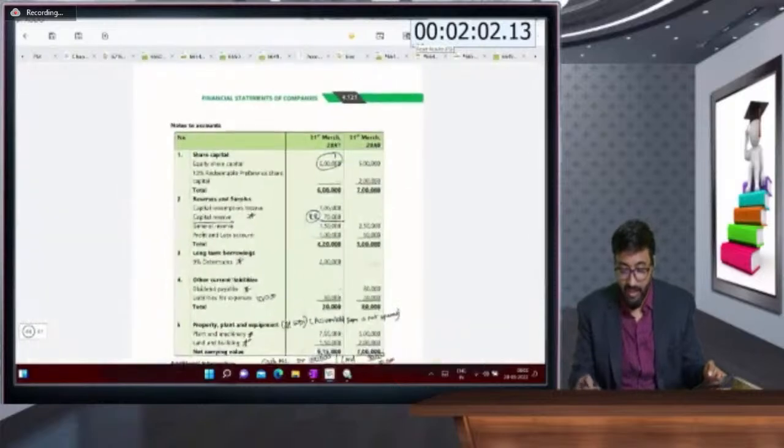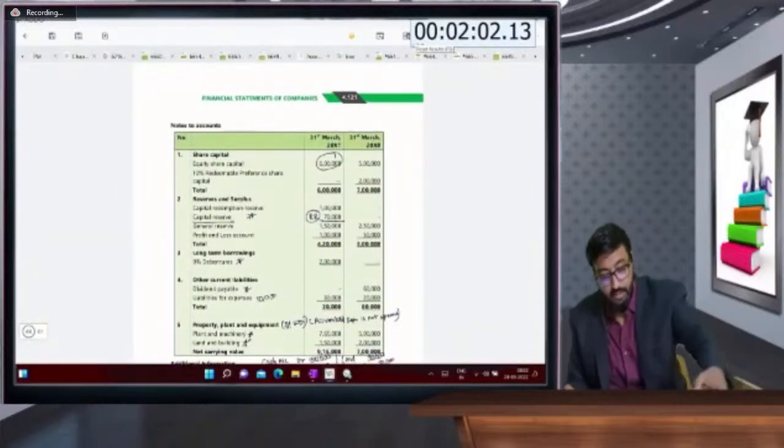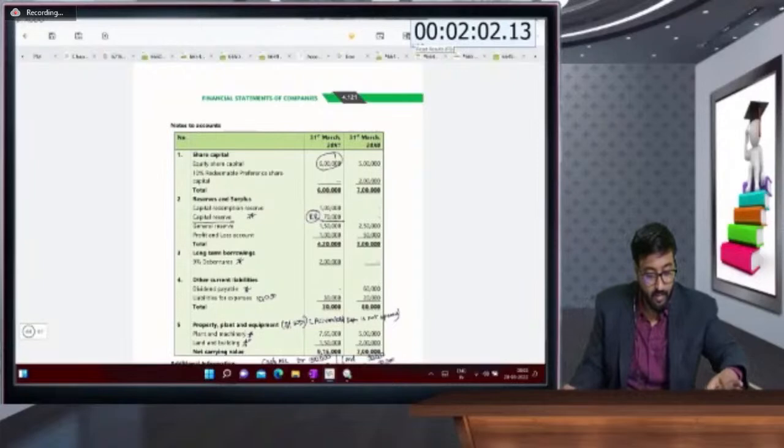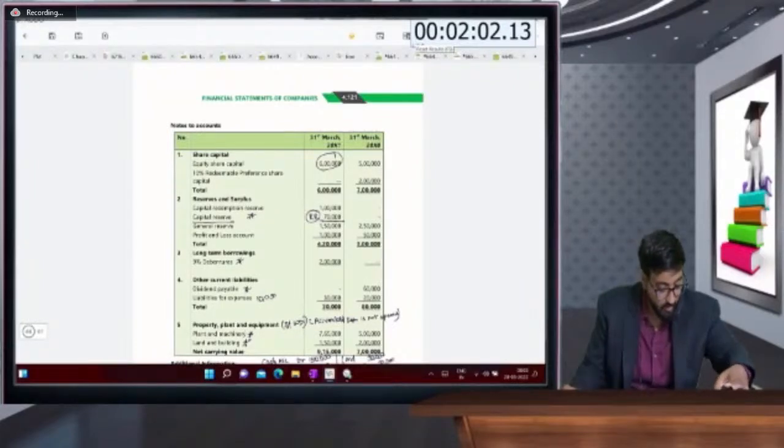So 6 lakhs, interim dividend will be 90,000. There is a confusion whether to take 6 lakhs or 5 lakhs. We will assume it is issued on the first day. If you assume the last day, it's okay. So interim dividend paid, we will assume it on 6 lakhs.